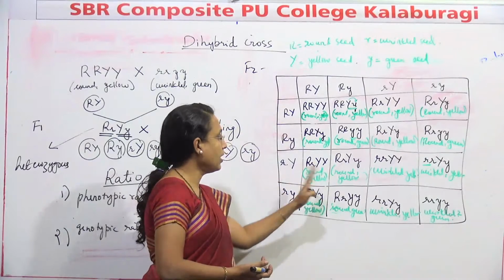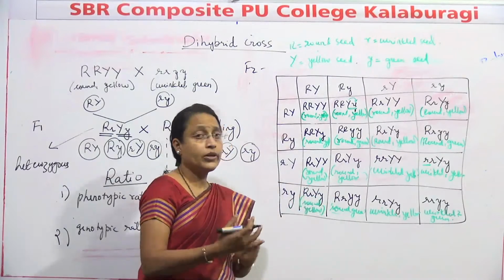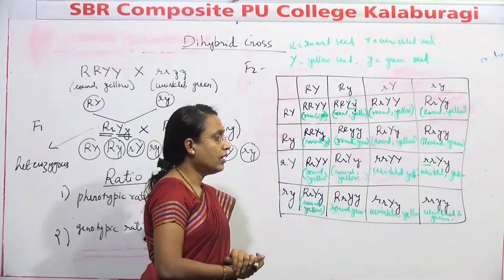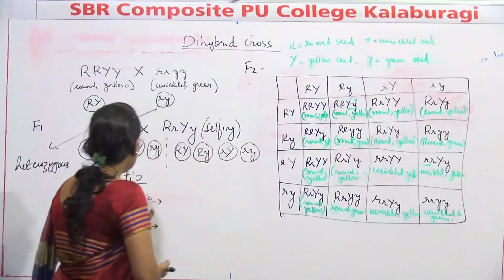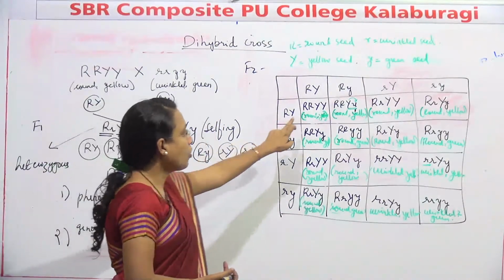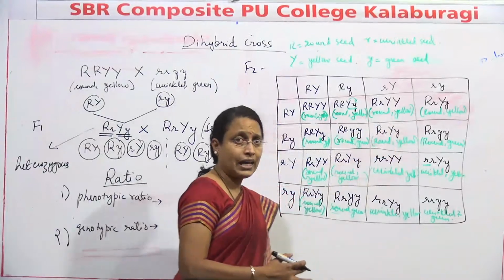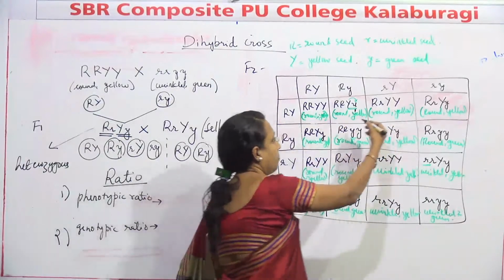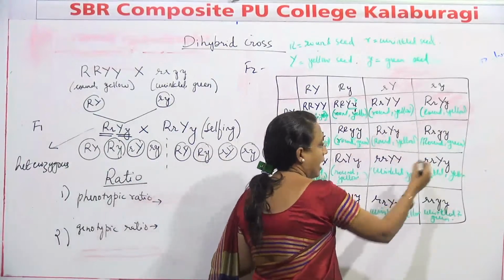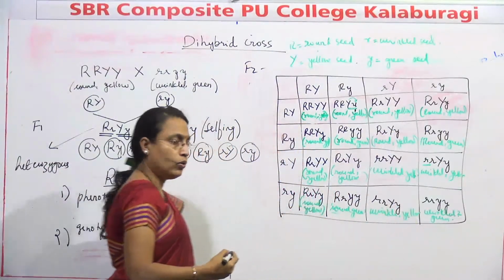There is a similarity between them. So for the phenotypic ratio, round and yellow, how many are there? If you just count them, there are 9 round and yellow.